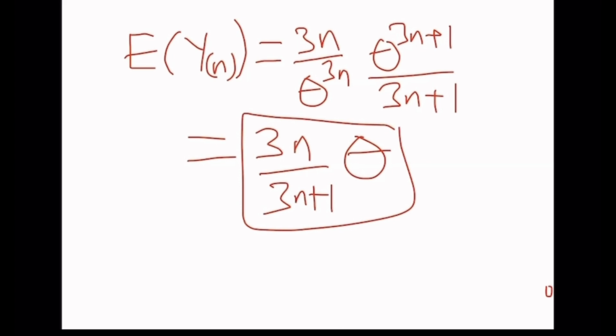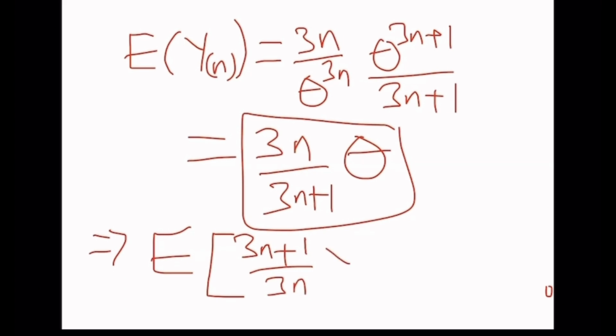If this is the expected value of yn, then our estimator is... if the expected value of yn is equal to what I have now, then I want to find the expected value of (3n plus 1) divided by 3n times yn.